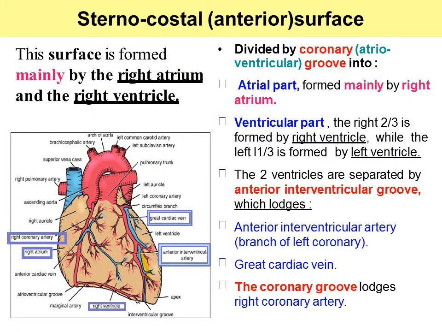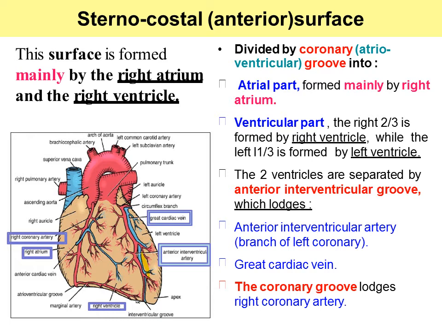So anterior surface or the sternocostal surface is formed mainly by the right atrium and the right ventricle, and it is divided by the atrioventricular groove. Atrial part is formed mainly by the right atrium, ventricular part is formed by the right two-thirds by the right ventricle, while left one-third is formed by the apical part of the left ventricle.